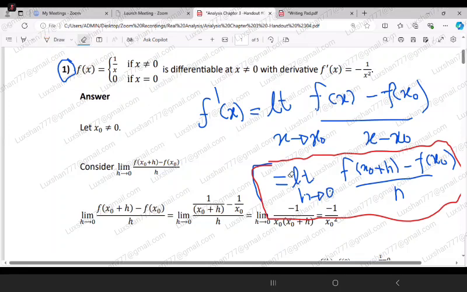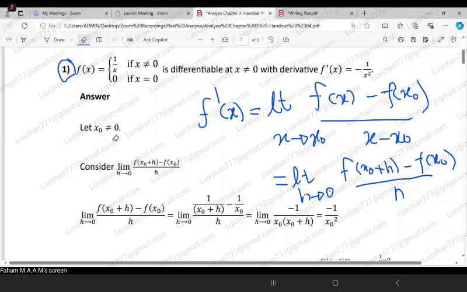And you do some simplification here, and this expression is now reduced to this form: minus 1 over x naught times (x naught plus h). When h tends to 0, that is equal to minus 1 over x naught squared. Since x naught is not equal to 0, we don't have any problem with this expression.